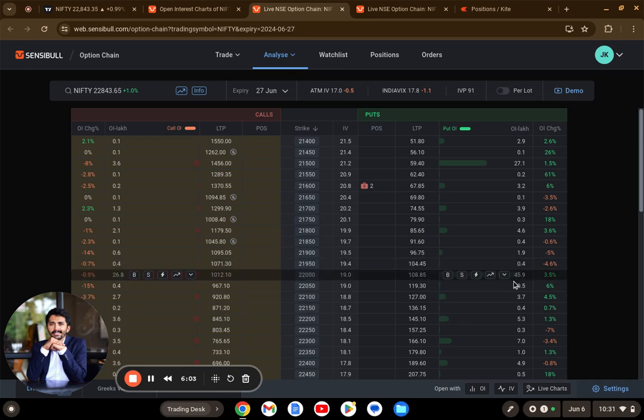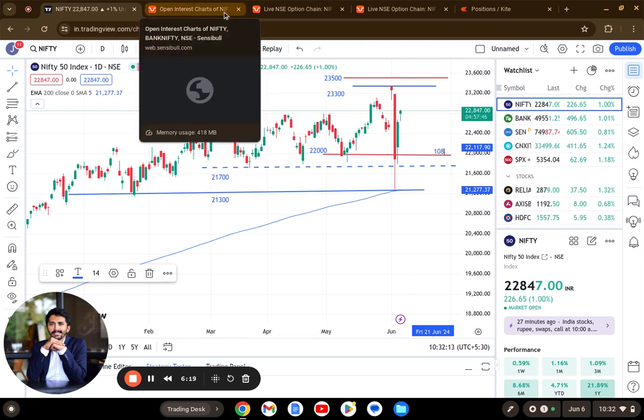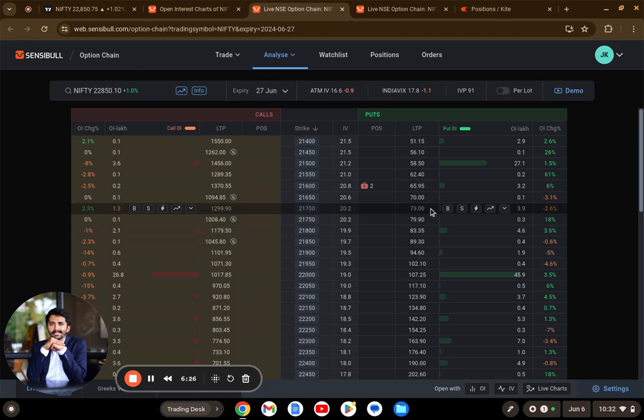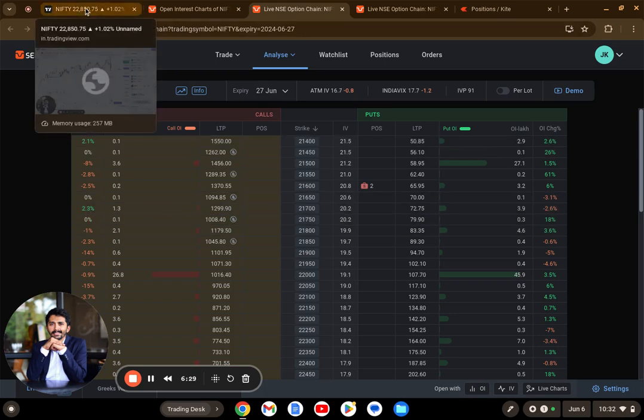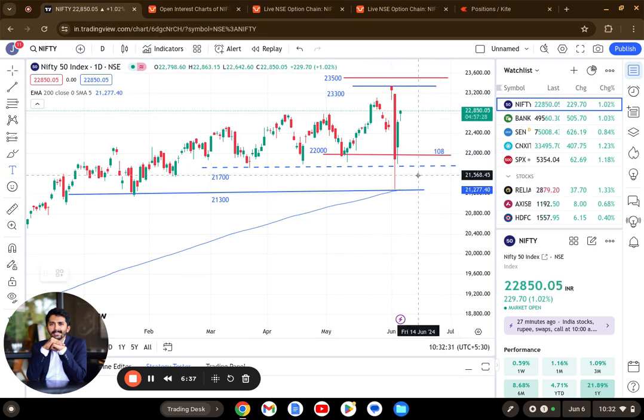We could just jot down the premiums that are available on that particular chart. So we had 22,000, which is at 108, and 21,700, 750 at 51. And on top we have 23,300 and 23,500.